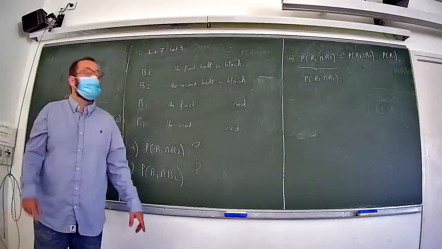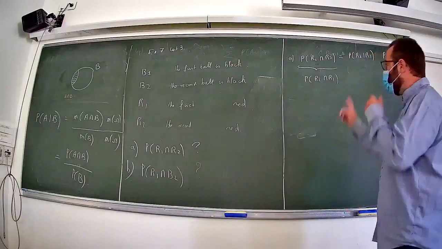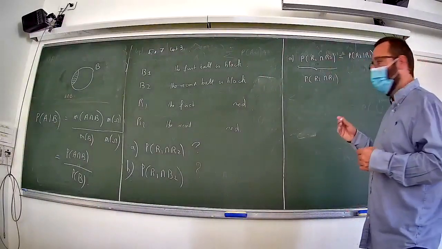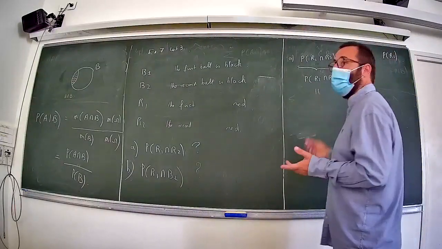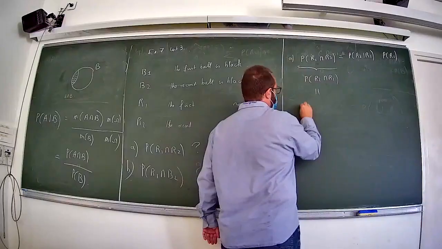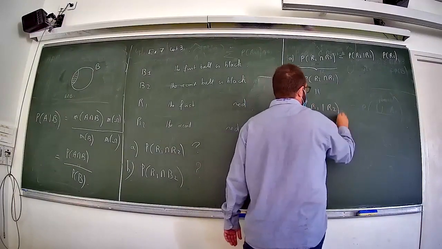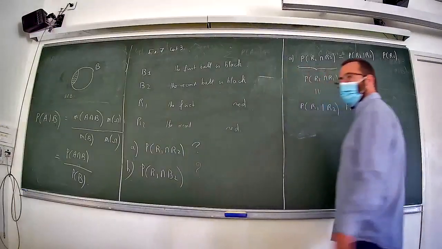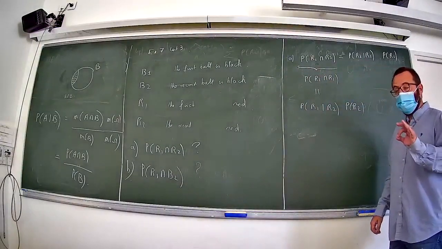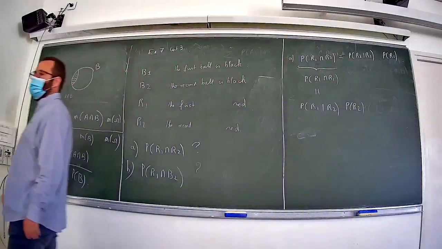What about the other side? For the other side, okay, I agree with you that in fact it's possible to write several formulas. This one is okay, but if I remark this, I can also write, for example, this one, P of R1 given R2 times P of R2. Both are true, but one is more clever than the other.